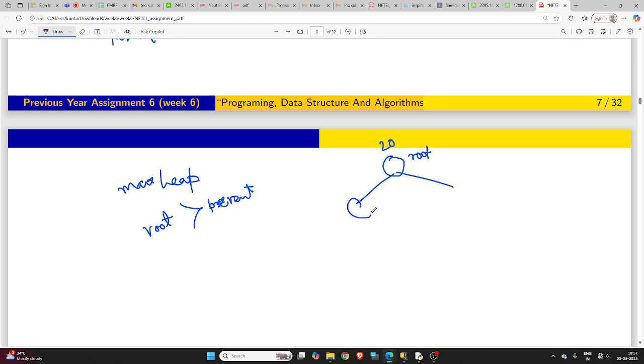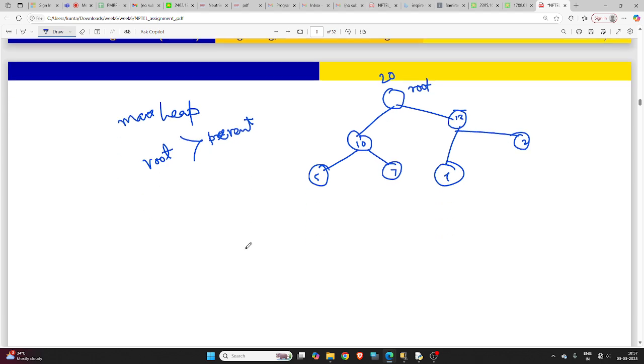That means for the max heap, these two will be less than 20, like one is 10, another one is 12. That is fine. Again, for the 10 case, if it has two children, one should be 5, one should be 7, which is less than 10. For 12, if there are two children, that will be like 7 or 2. That is also fine. But this is for the max heap case.